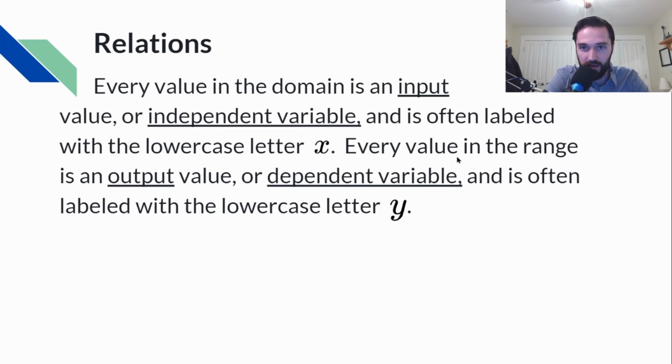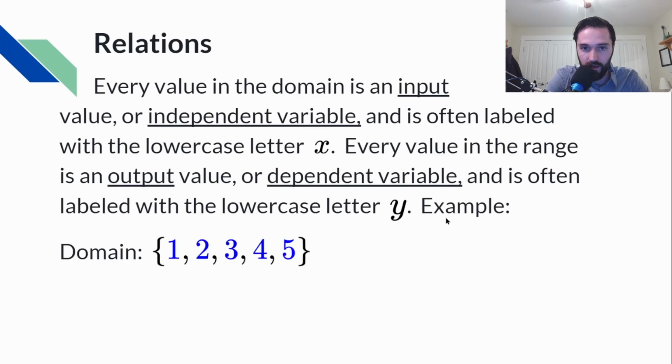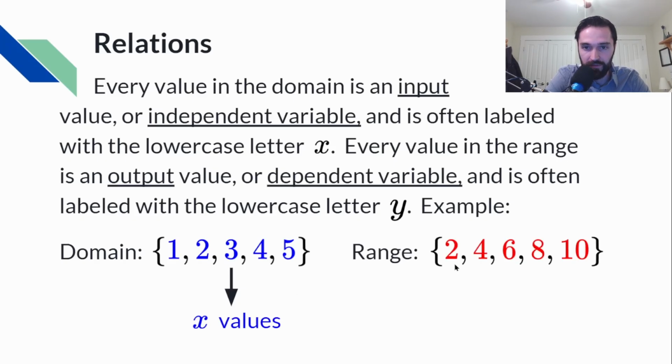And every value in the range is an output value, or dependent variable, and is often labeled with the lowercase letter y. So in our example from the previous screen, the domain is this set of x values in blue, and the range is this set, the set of y values.